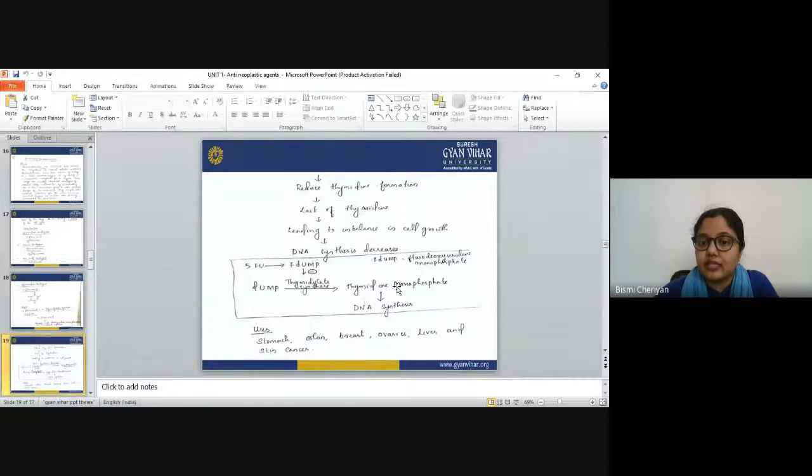This thymidine monophosphate synthesizes the DNA; it is necessary for the synthesis of DNA. This is the normal mechanism of this metabolite inside our body.